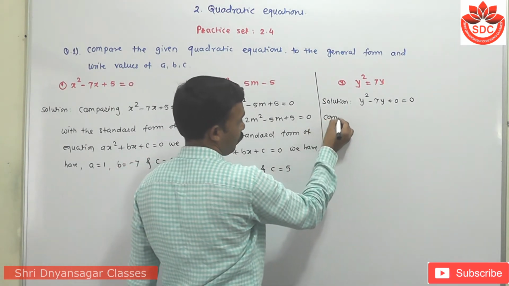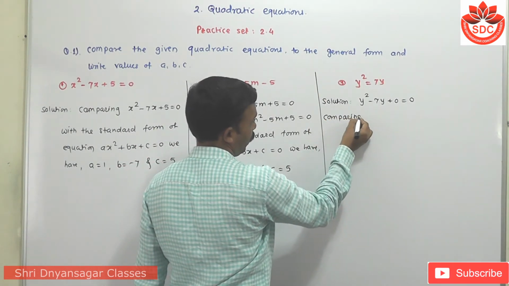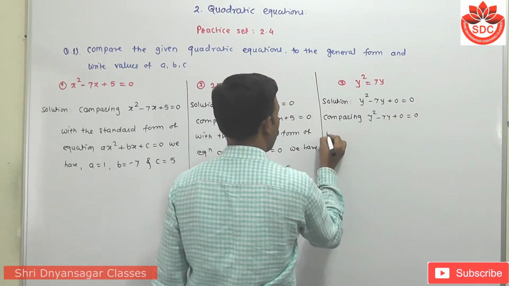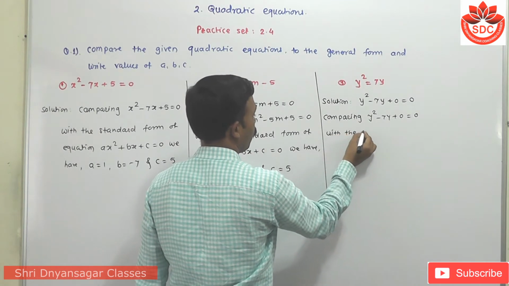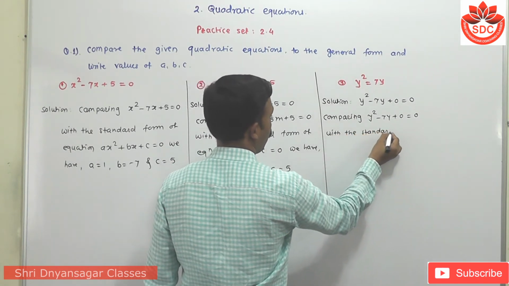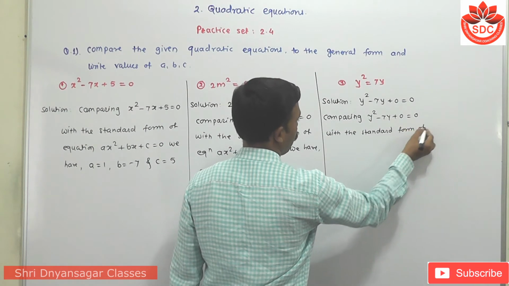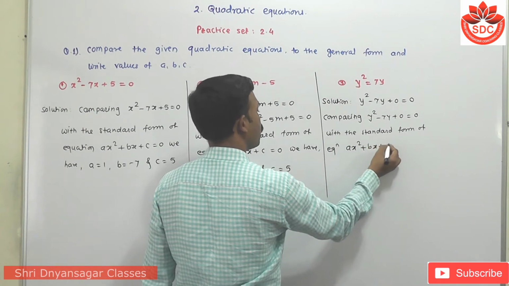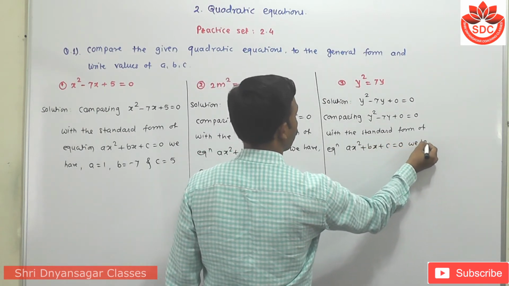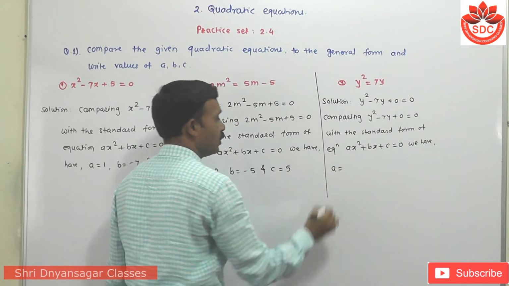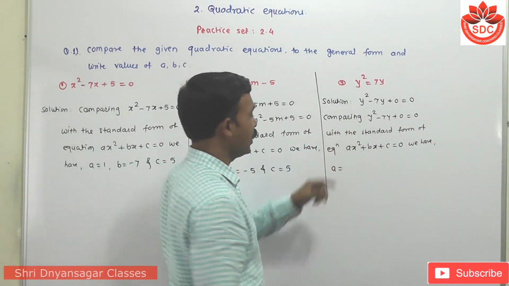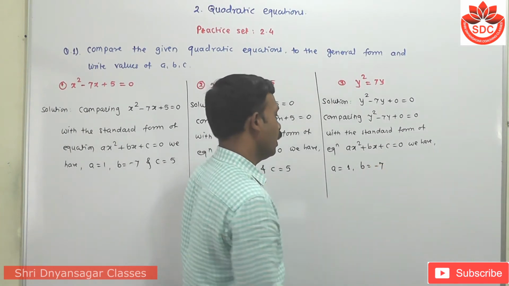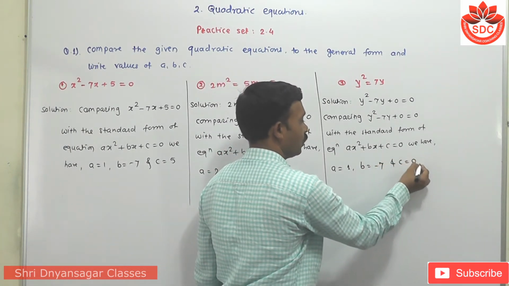Then comparing y square minus 7y plus 0 is equal to 0 with the standard form of equation ax square plus bx plus c is equal to 0, we have the values: a is equal to 1, b is equal to how much? Minus 7 and the value of c is equal to 0.